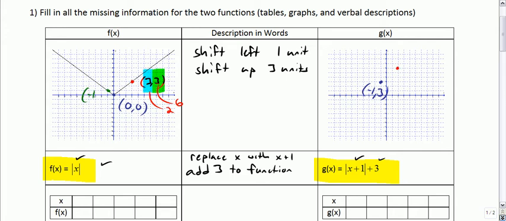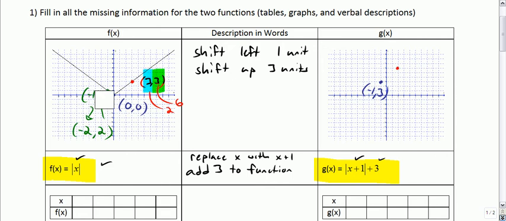If you move that left 1, the x goes to -2, up 3, the y is going to go to 2. So -2, 2.